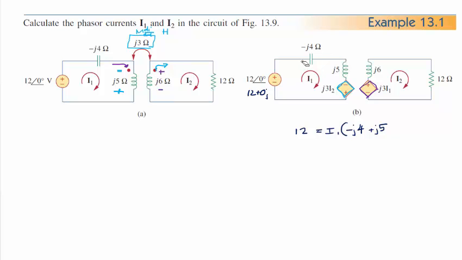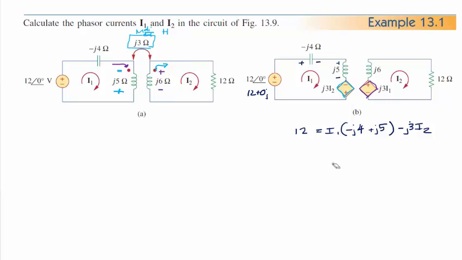Remember, going around the loop, putting our polarities on, current in is positive, current out is negative for these components. But for this one the sign is different, so it's minus J3I2. That's the loop equation for the left loop.